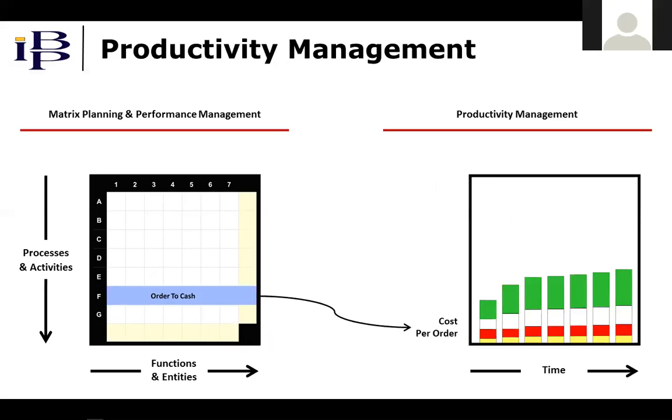From that, I can then start looking at individual processes. I can look at, for example, an order-to-cash process, and start looking at cost per order. People talk about breaking down functional silos, and especially the impact of functionally based annual budgets.